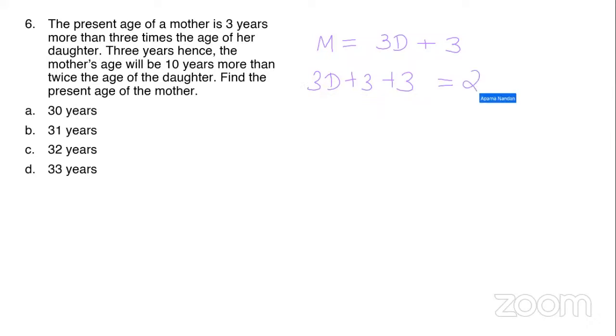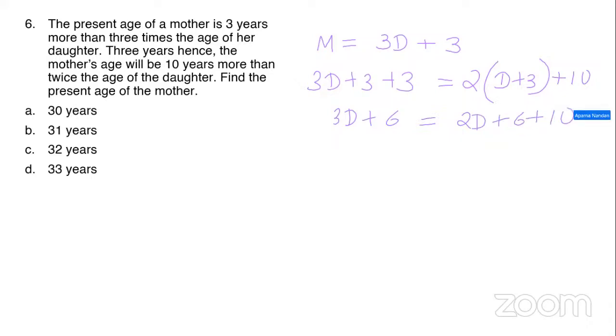The age of the daughter after 3 years will be D plus 3, so twice the age will be 2 into D plus 3. So 2 into D plus 3 plus 10. So this will be 3D plus 6 is equal to 2D plus 6 plus 10.